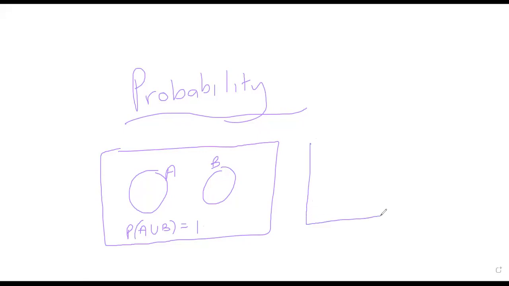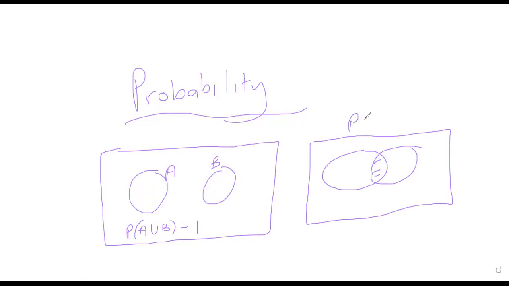But if there's an intersection, it means there's something in common. The meeting point is called an intersection. Where A and B are meeting, that is called A intersection B. Now in this instance, the union set formula will change.